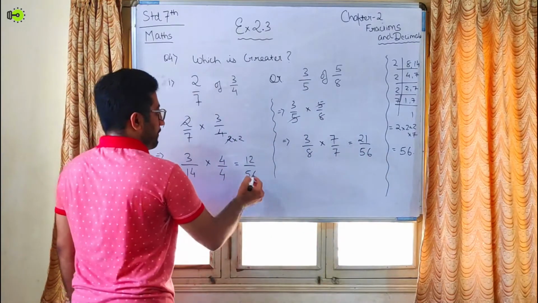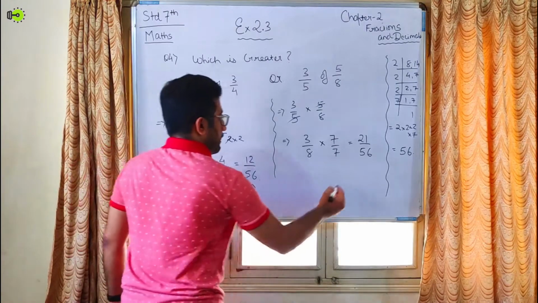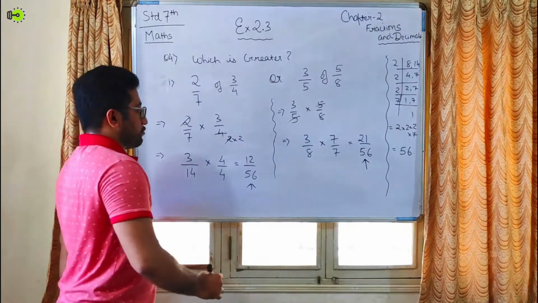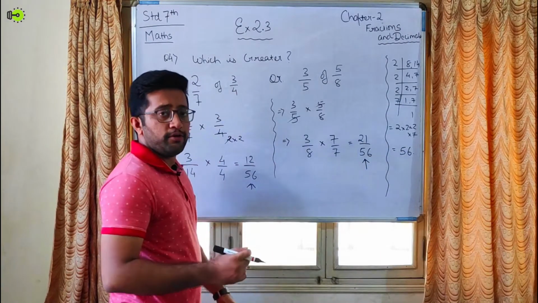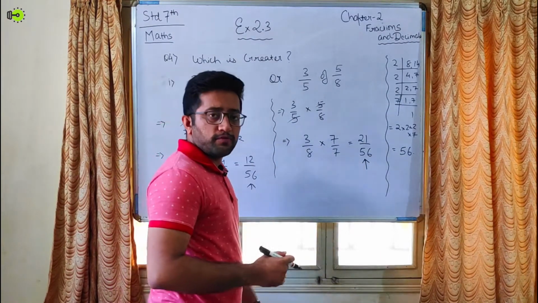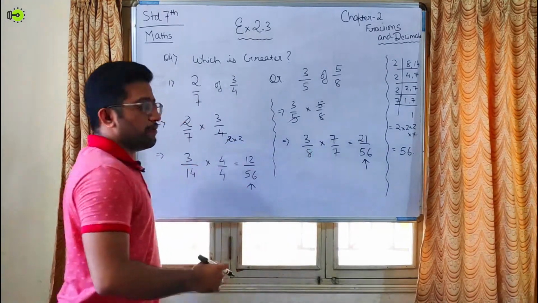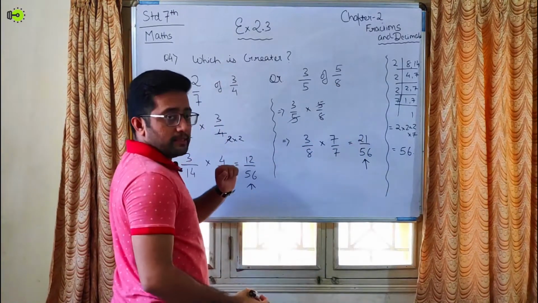Now we will make a comparison between this one and this one. Now let us compare. So if you look at it, the greater number here is 21. You have to look at the numerator. Okay, we have done such type of sums in exercise 2.2 of the same chapter. So if you look at it, this number, that is this one, is greater than this one.